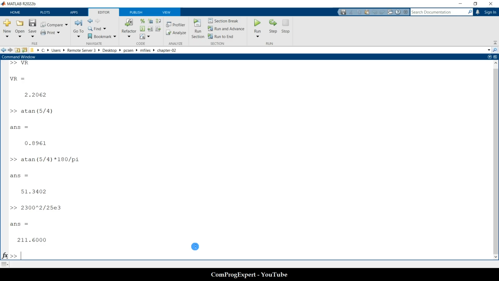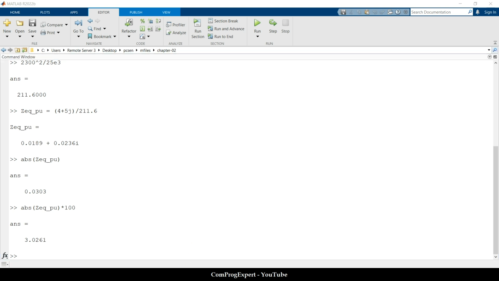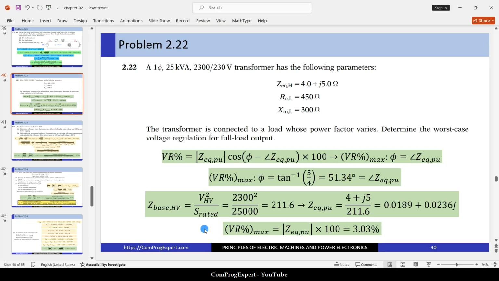This is the Z equivalent in per unit, 4 plus 5j divided by 211.6. Absolute value of this number times 100 is 3%. Okay, this is the value of the maximum voltage regulation.